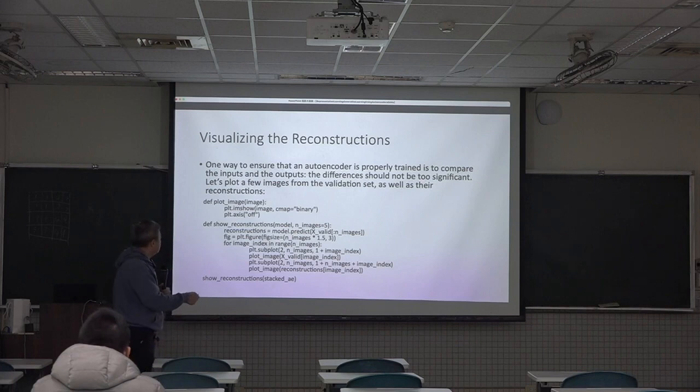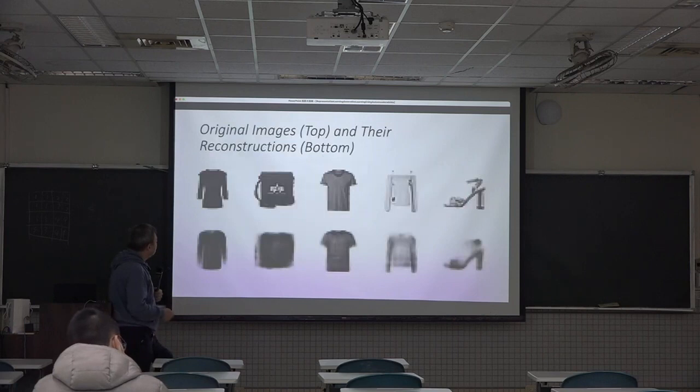This is just the code to output the picture. If you are interested you can check out the details, but basically it's just to draw those pictures. The top row is what we fed into the autoencoder, and the lower row shows the reconstruction.